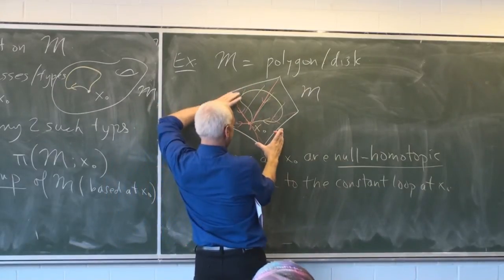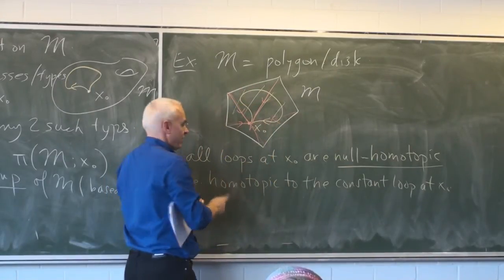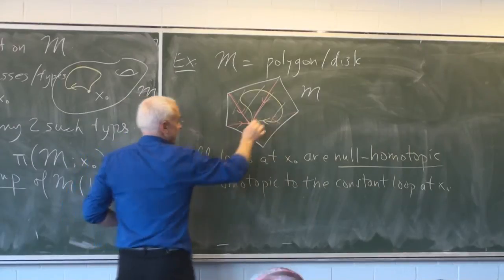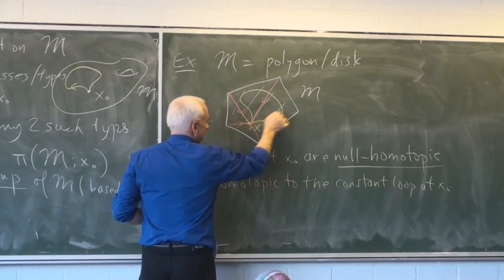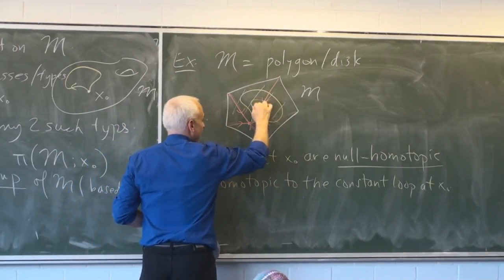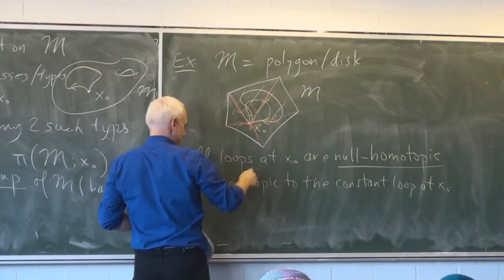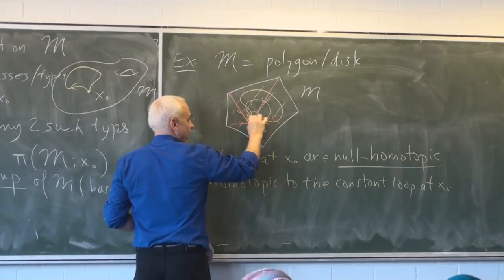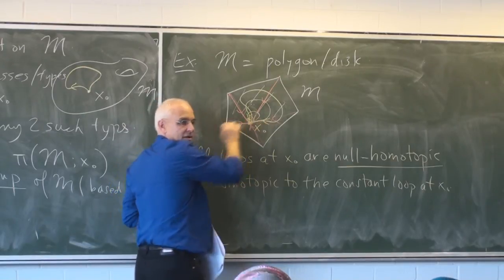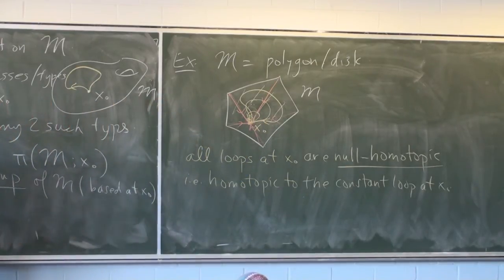So starting here and then shrinking in. So what would happen to this loop as we did that? Well, everything would be pulled in. So a little while later it would look like that. And then a little while later like that. And a little while later like that. And when t was equal to 1, it would be back to the constant loop.